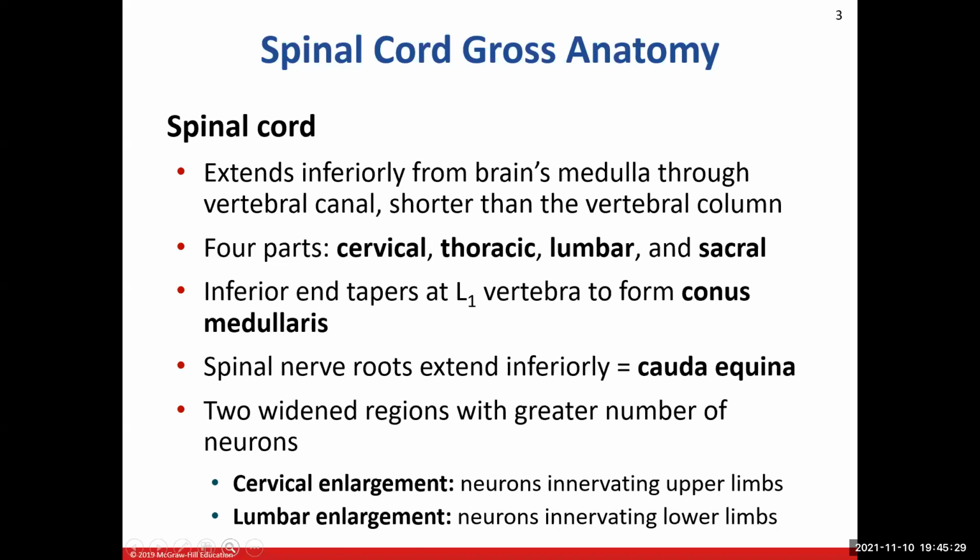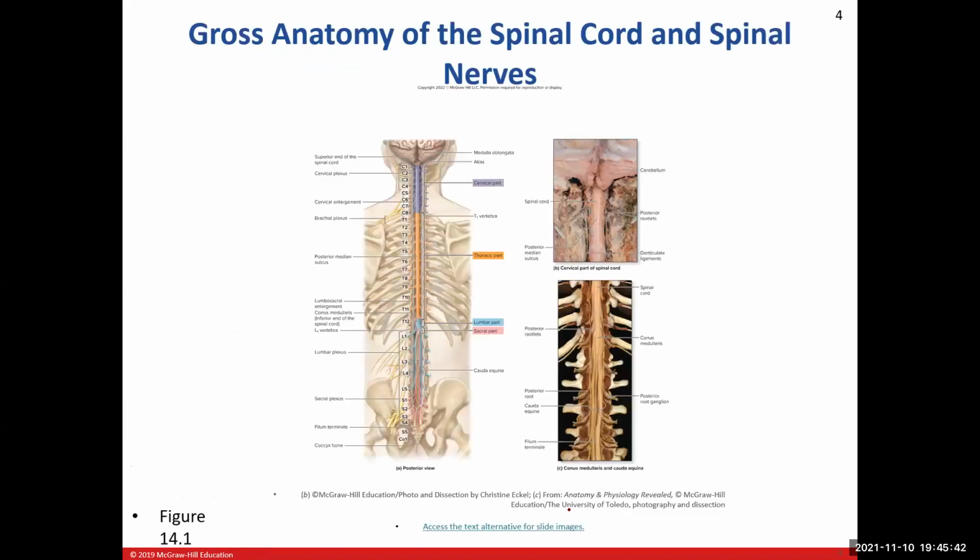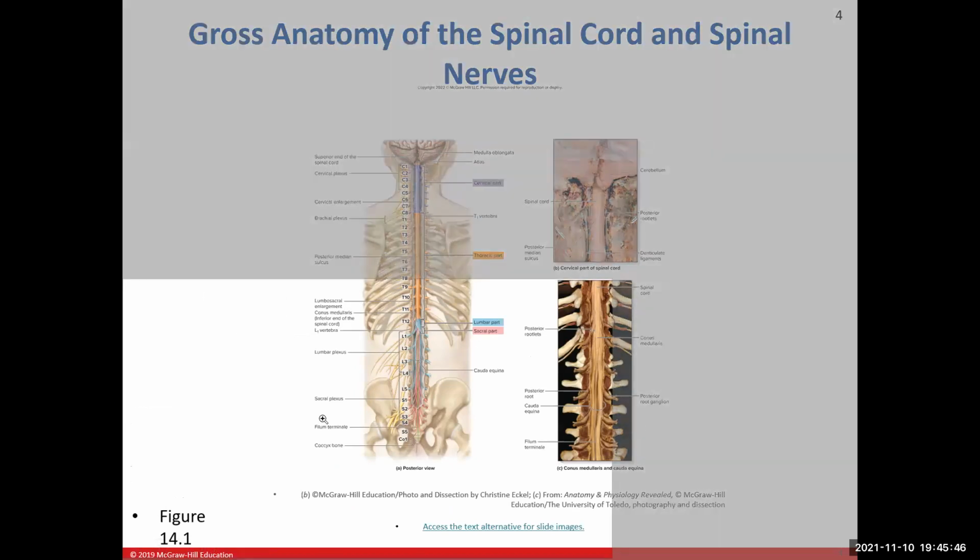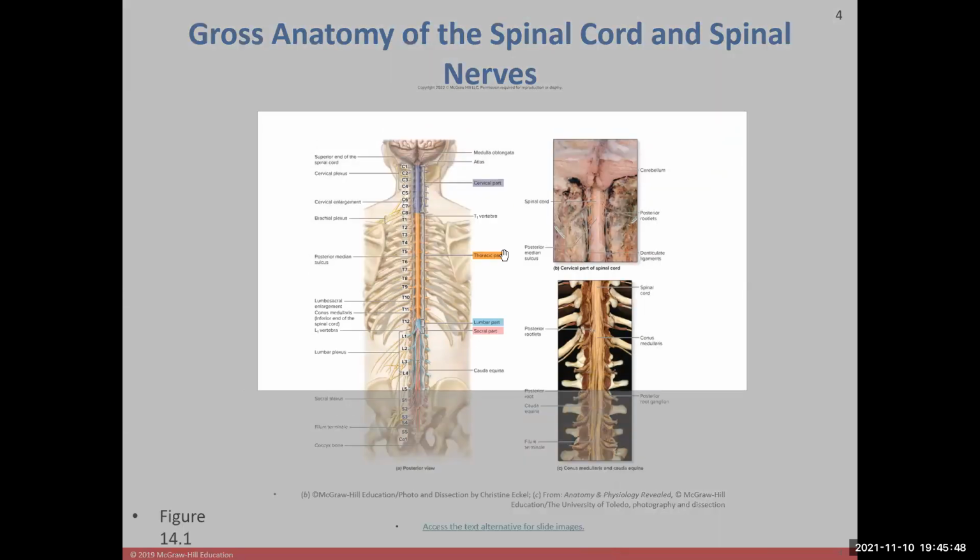Okay, so consider that the explanation that we have our upper and lower extremities that we need to innervate. So those areas of the spine are going to contain a larger than normal number of neurons. So here you can see our awesome drawing. We'll go right to the top here.